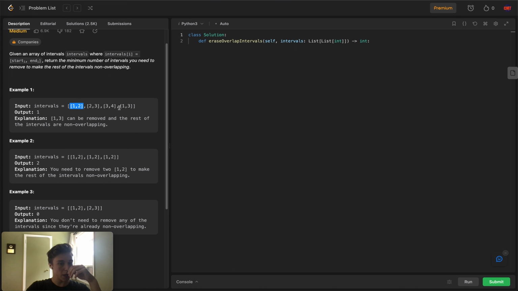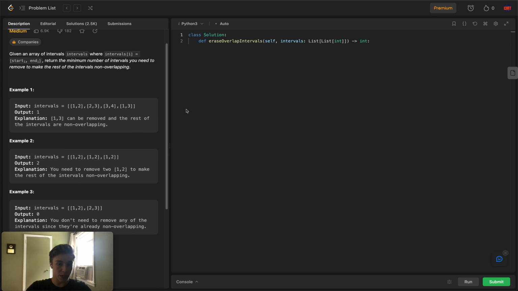I understand that either this or these two intervals should be removed, but I don't understand what logic would make these stay here rather than these, unless I am sure that I include this one into the interval list, and then I'm presented with a decision of whether I include this or this, right?